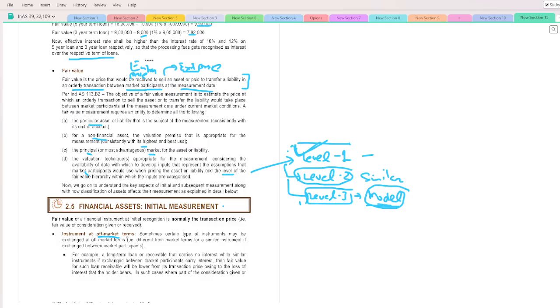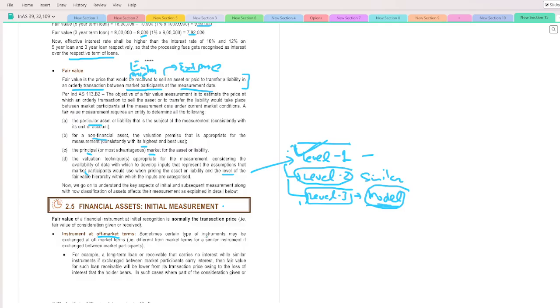So an instrument at off market terms. Off market terms here means where the fair value is different from the transaction price. That is your off market terms. The best example is an employee: the bank is giving a loan to its employee at a cheaper rate, lower than the market interest. That is called off market terms.